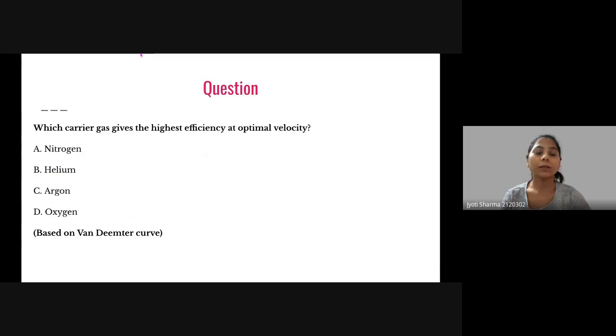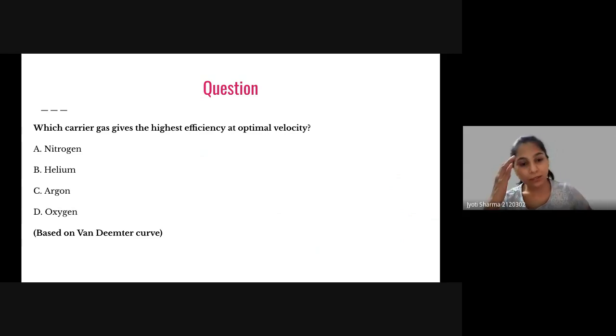Okay. As I told you, we have a lot of carrier gases that we can use. Which one gives the highest efficiency at optimal velocity? I have four options here: nitrogen, helium, argon, and oxygen. I gave you one hint that this should be based on the Van Deemter curve.